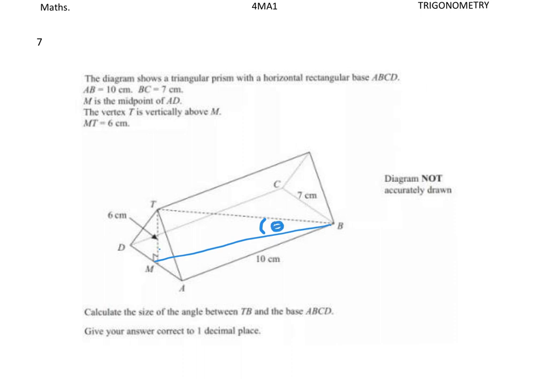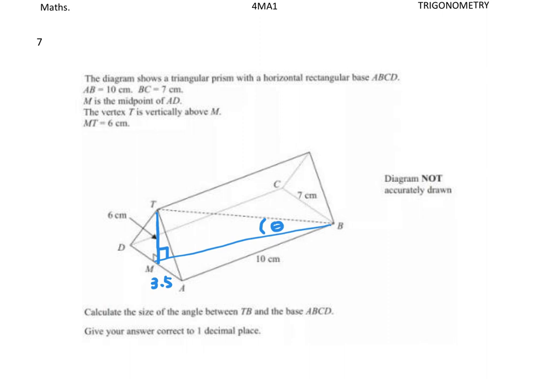This triangle is right. So we need to find two sides of this triangle to find this angle. We have the opposite side 6. So we can find one more side. We can find MB. Because M is the midpoint and AD is the same as BC, which is 7, so MA equals MD equals 3.5.